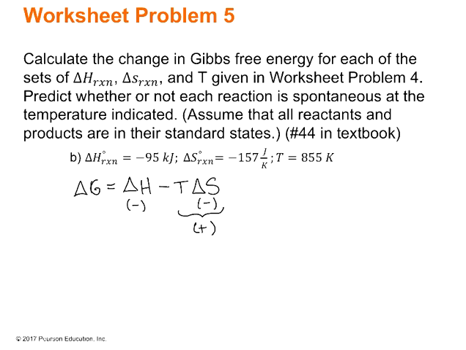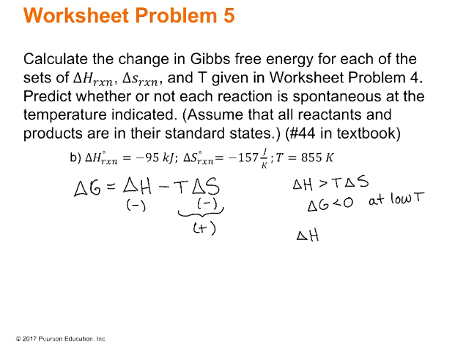Okay, so the same thing applies that we saw earlier. So if delta H is greater than T delta S, that means delta G again will be negative, and temperature will be pretty low for this case, so that would be at low temperature.